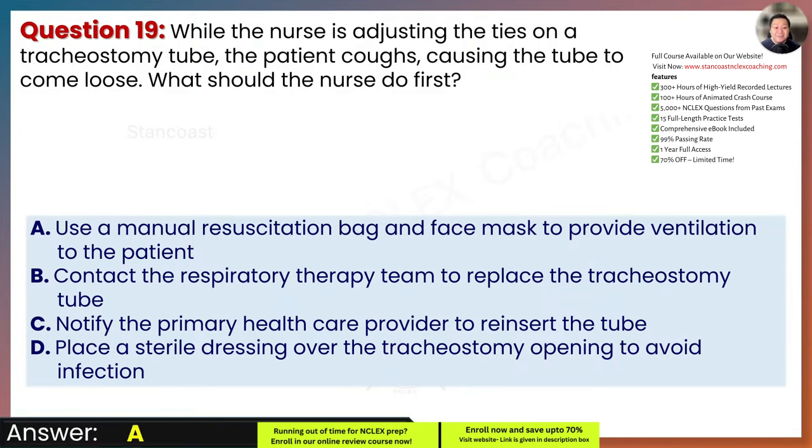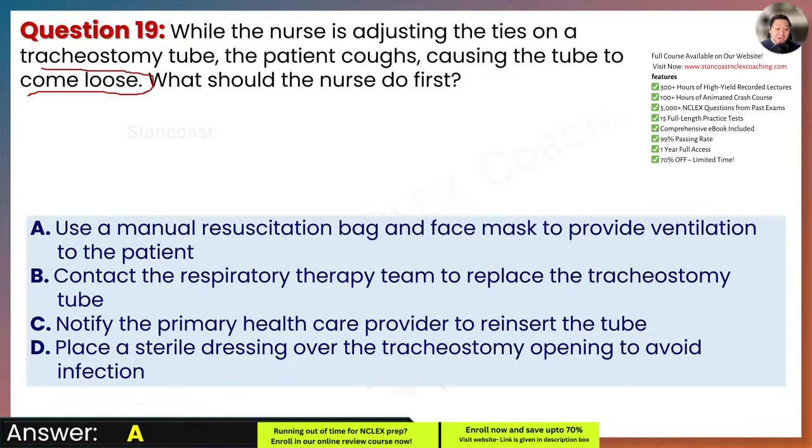And so whenever you see a question regarding airway compromise, all right, this is basically a compromise here. The tube is coming off. You should immediately go to the ABCs, all right? And so in this case, the tracheostomy has come loose, meaning the patient's airway is no longer secure. And that is a life-threatening problem.